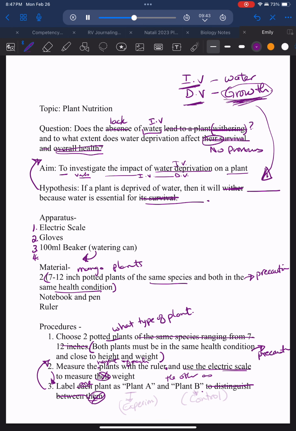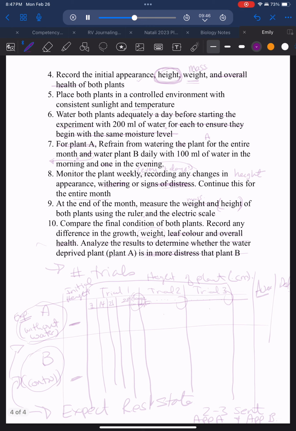Number 4, record the initial appearance, height, weight, and overall health of both plants. Okay. Record the initial. Yeah, you could include appearance, but the one that you would be focusing, the one that you're measuring, is height. Once again, weight, I'm not too sure. Remove overall health. Overall health, I don't think that could work.